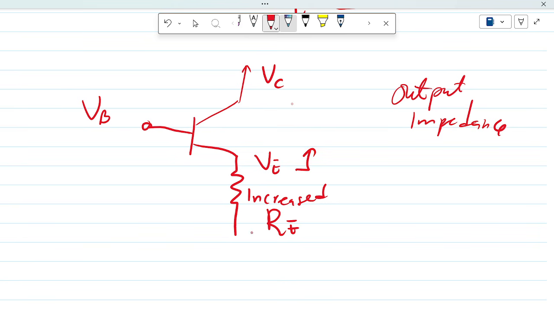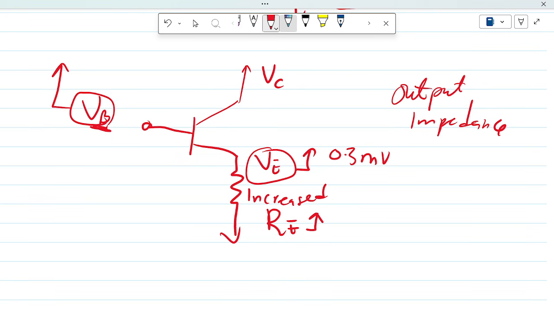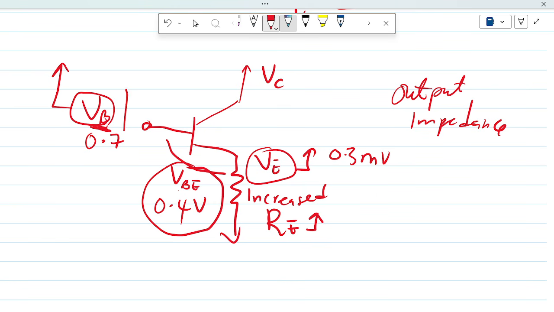I raised the emitter resistance, so the emitter voltage rose by 0.3 volts. That means if I don't raise the base voltage by 0.3 volts, I'm going to lose the base emitter voltage. If the base voltage remains at 0.7, then the base emitter voltage will now be 0.4. So if I want to maintain the base emitter voltage, then I have to raise the base voltage to 1.0 volts.